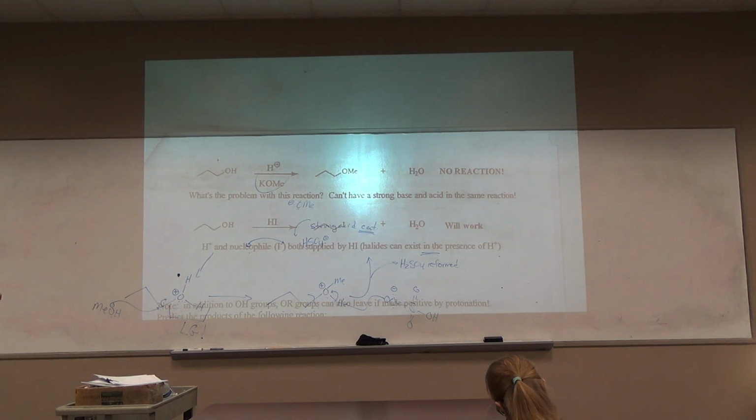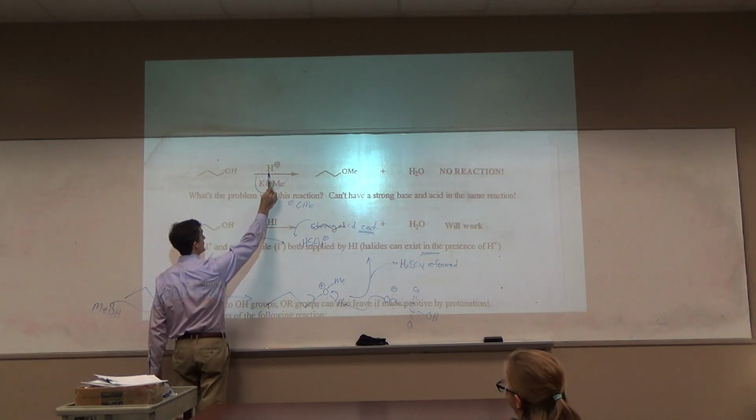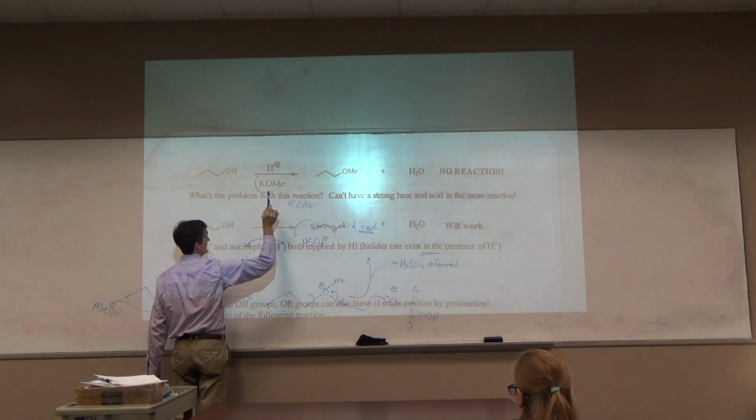You can't say, okay, acid, I want you to react with the alcohol, protonate it, don't react with the methoxide. It ain't going to listen to you. Acid-base reactions are immediate. It's just going to quench. You no longer have the acid, or if you have enough acid, then you're no longer going to have the base.